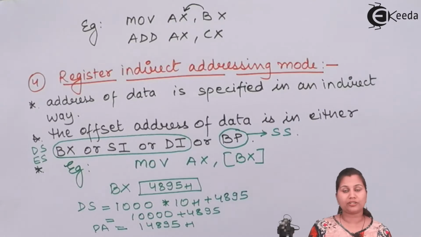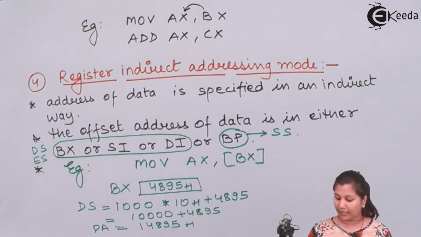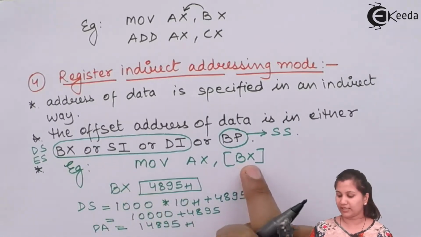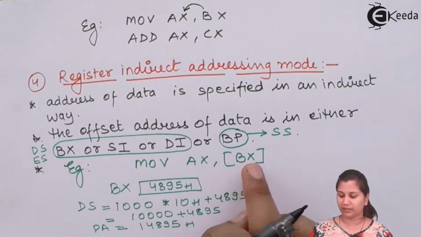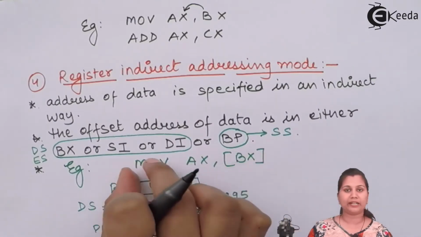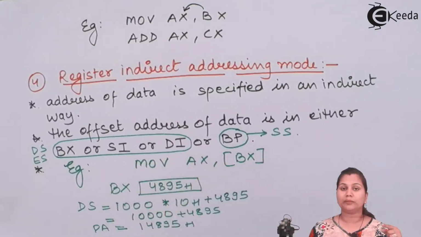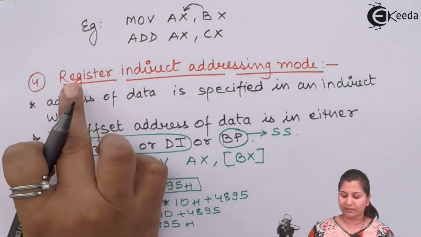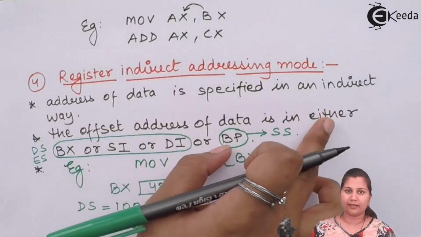So the location where the data is stored is given in the register, and that register is specified in the instruction. So the memory location where the data is stored is not directly given, it is indirectly given through a register. So it is known as the register indirect addressing mode.